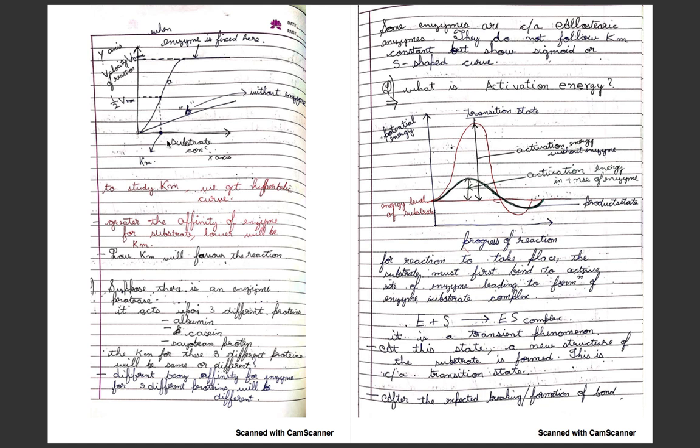You see here in low substrate concentration A has reached the maximum point, but B, the graph without enzyme, has reached only here.